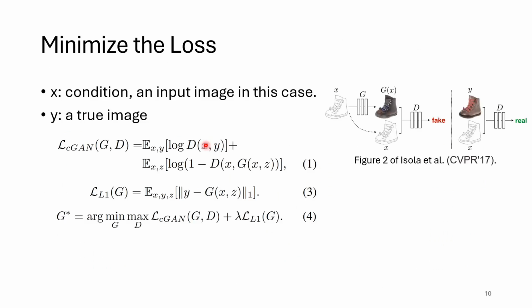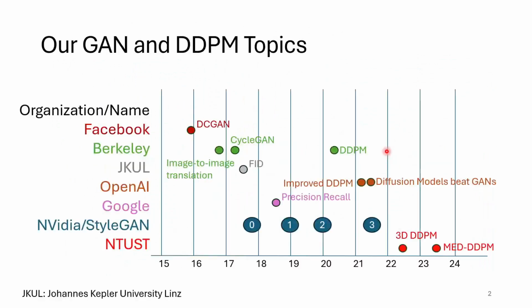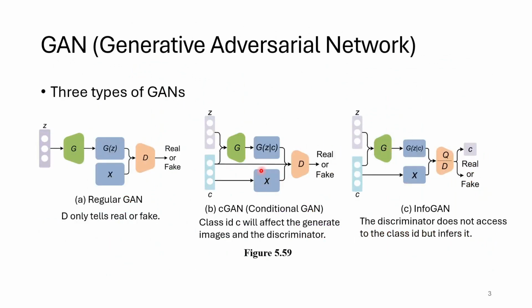So how do they do it? Again, they need paired training images. What does it mean? In their training process, they need the training image X, and they also need a paired expected output image Y. In the training phase, their discriminator will receive not only the generated image, but also the input, the conditional factor X. That is the illustration here.